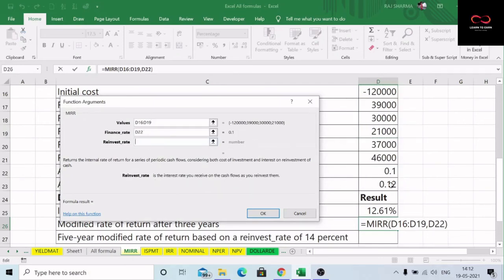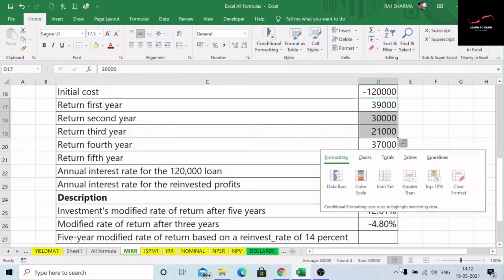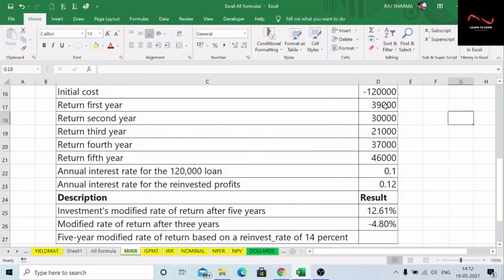Then the finance rate and the reinvestment rate. For the initial 3 years, it is a negative return because if you take the summation of these three, it is only 90,000. You have invested 1,20,000 but generated 90,000, and a little bit of reinvestment return on account of this 12% is not anything significant.